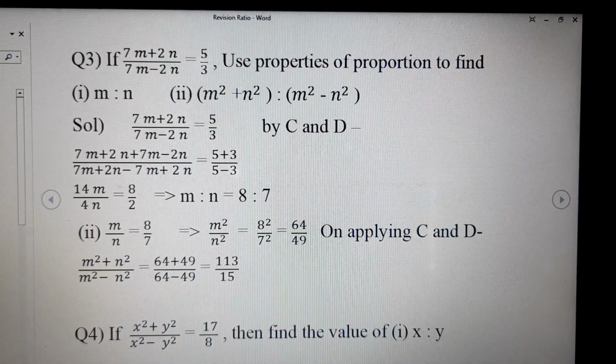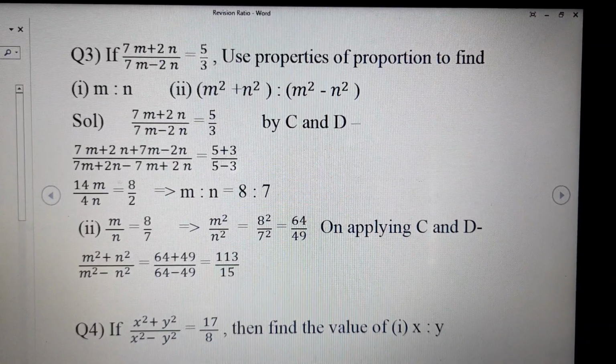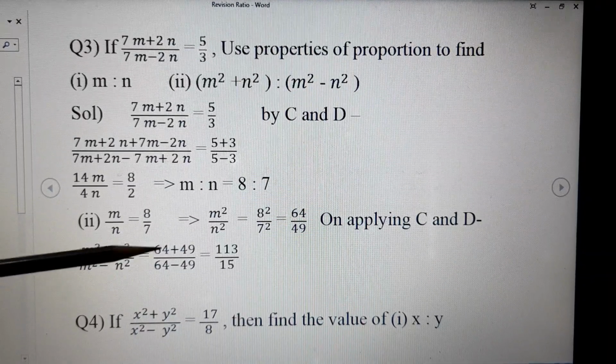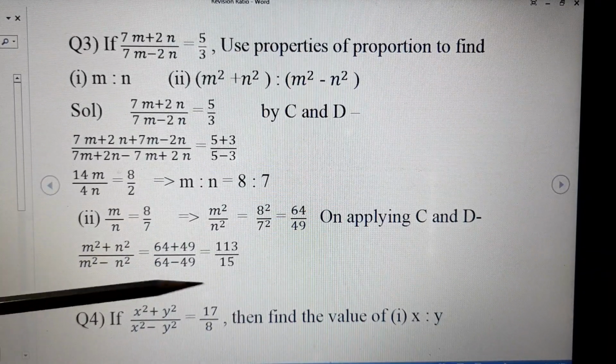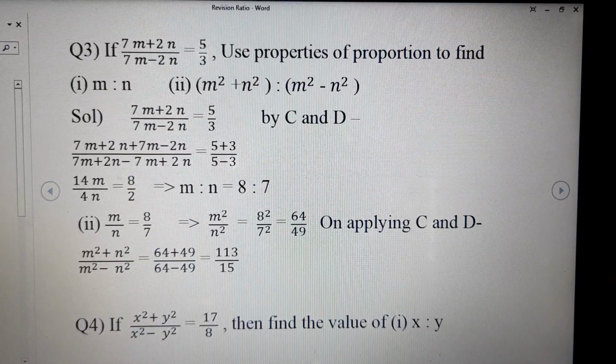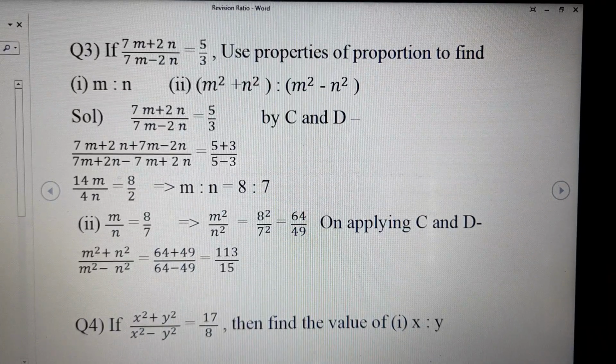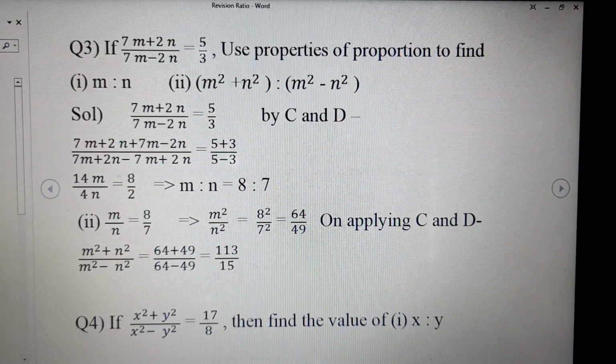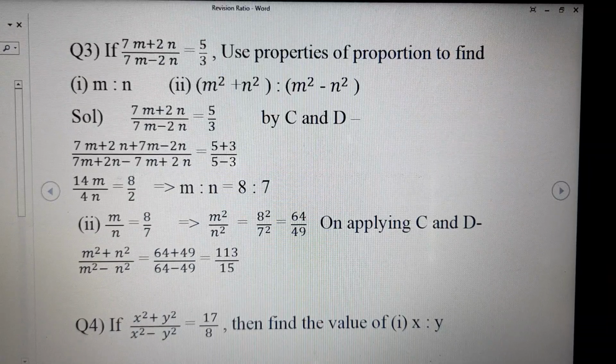Numerator plus denominator, numerator minus denominator. Other side also 64 plus 49, 64 minus 49. Then it will result to 113 divided by 15. So the value of this will be 113 divided by 15.